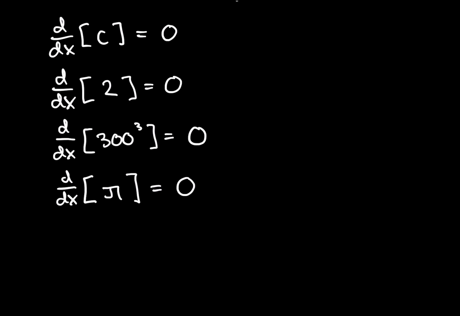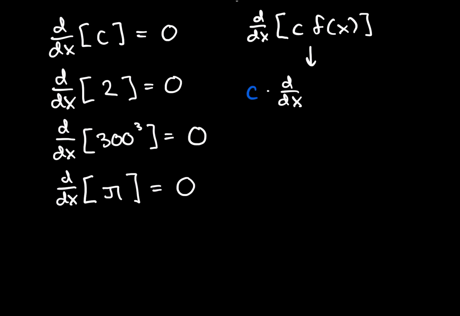Similarly, when we have a constant in front of our equation, we can pull it out in front of our derivative. For example, if we have d over dx of c of f of x, we could rewrite this as c times d over dx of f of x.